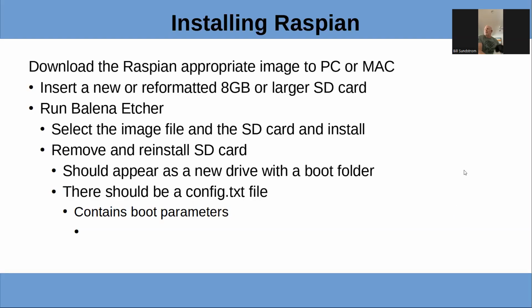Okay. So this is just another thing on going through the steps on how to install Raspbian on there. And once you had it installed and booted up, the previous screen was what you would see.